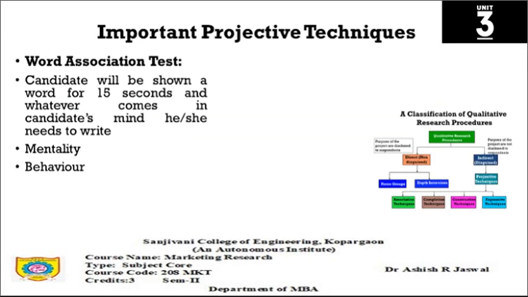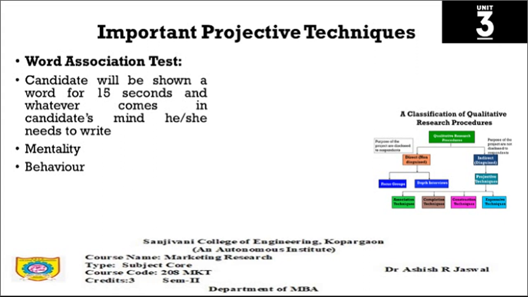The word association test is a process which is widely used in many formats, in which a candidate or an individual or a respondent is shown a word. 15 seconds are given for him to understand, and he needs to write down whatever comes to the candidate's or respondent's mind.